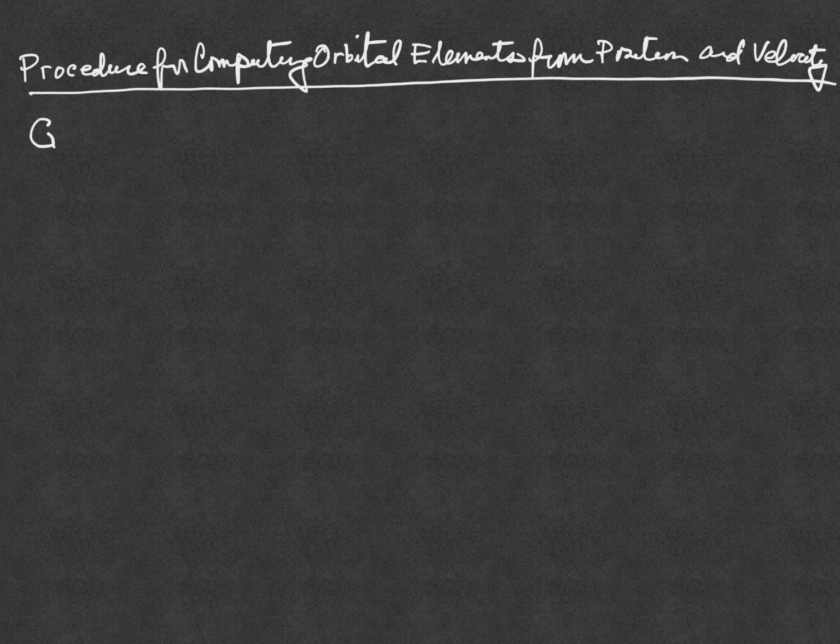So we're given the following information: the position, the inertial velocity, and the gravitational parameter mu. And remember that the position and velocity are expressed in Earth-centered inertial coordinates or planet-centered inertial coordinates. So now, given that information, here's the process. Computation of the orbital elements.